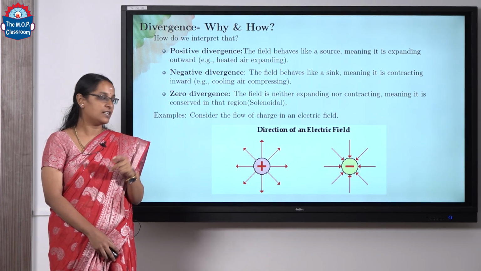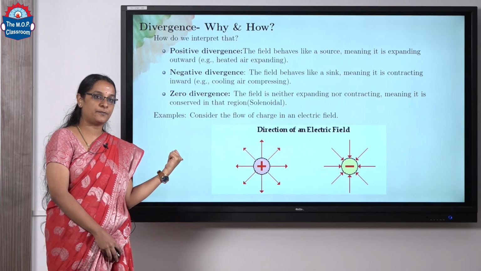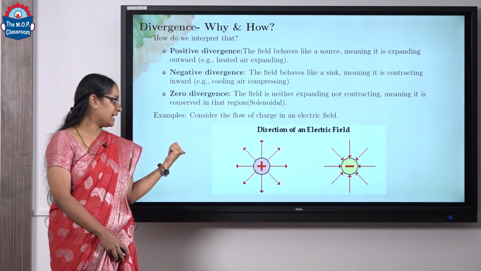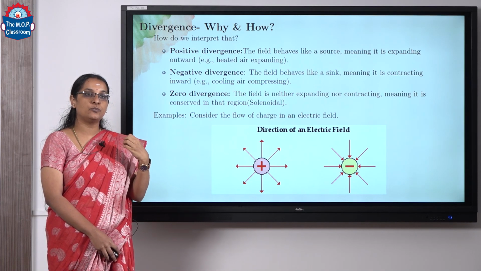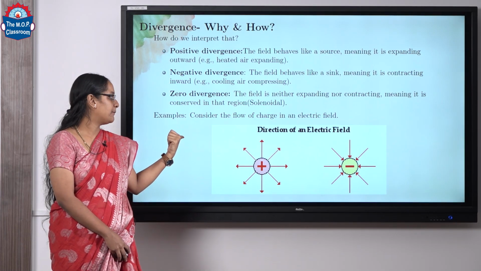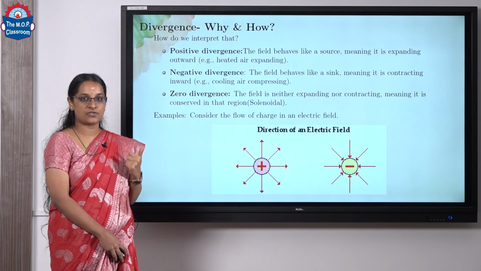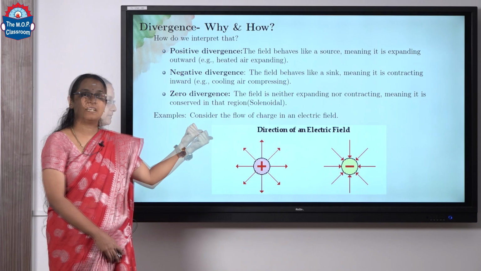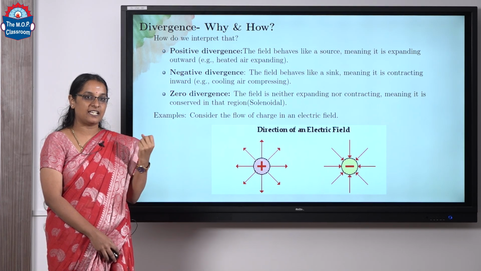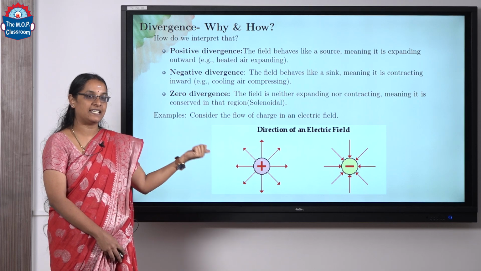This does not hold for the charged points, where there is a positive charge and a negative charge. When you have a positive charge, you can see that the particles tend to move away from it. That means it is a positive divergence, which is a source. Whereas when you consider a negative charged particle, the particles tend to flow towards it. Therefore, it is called a sink, and it has a negative divergence.